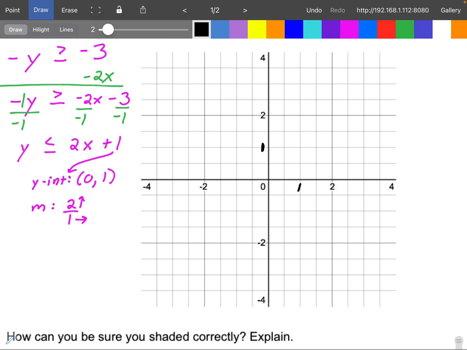So we have to really watch for those things on these graphs that they give us, because they don't always put those nice normal graphs that we're used to. So always pay attention to where the numbers are and what each one is counting by. Because if you get your y-intercept in the wrong place, then you've got the wrong line. So our y-intercept needs to be at +3 on the y-axis, which is actually here.